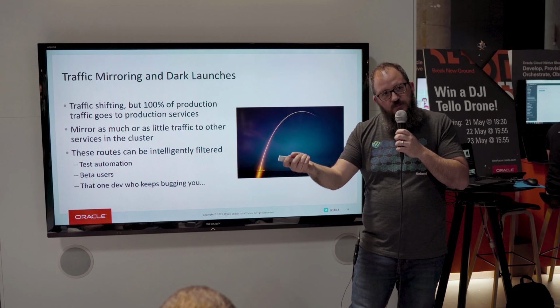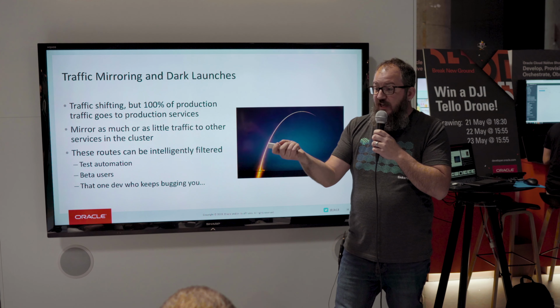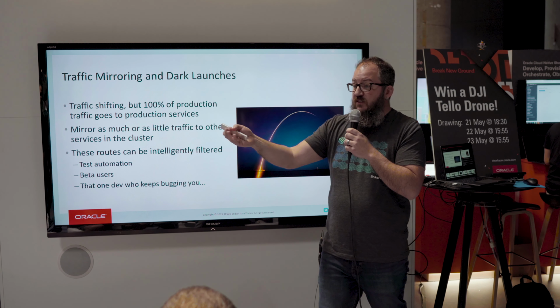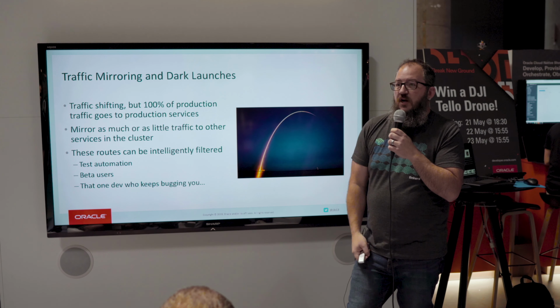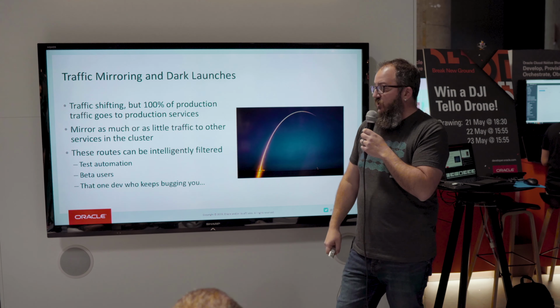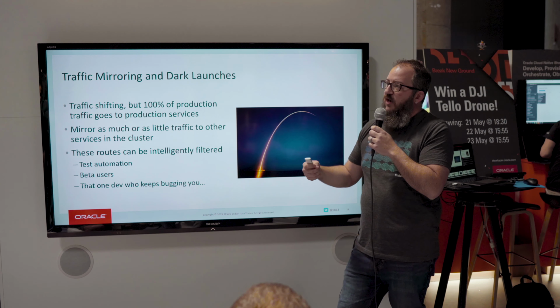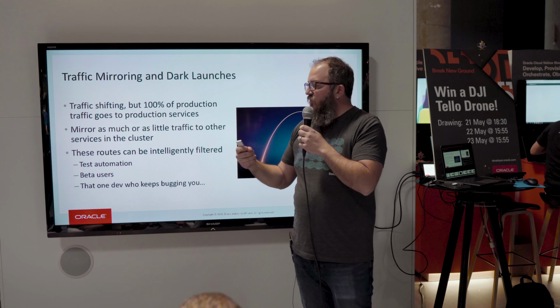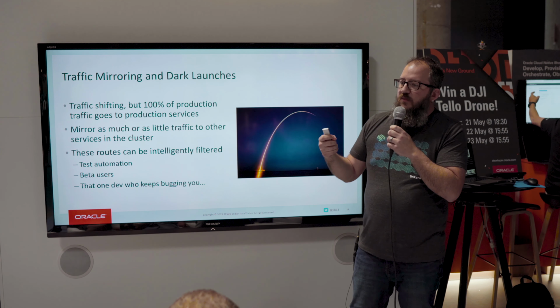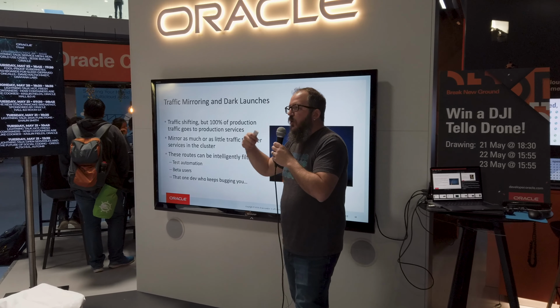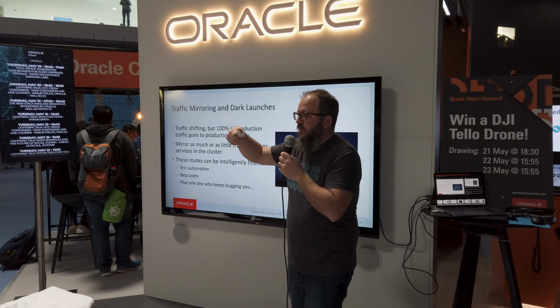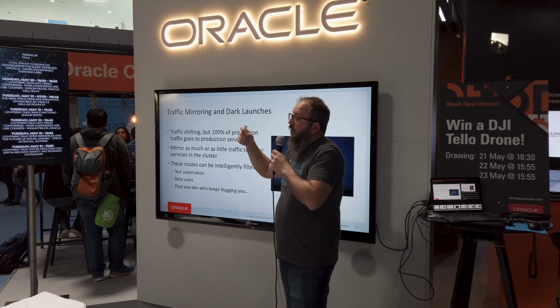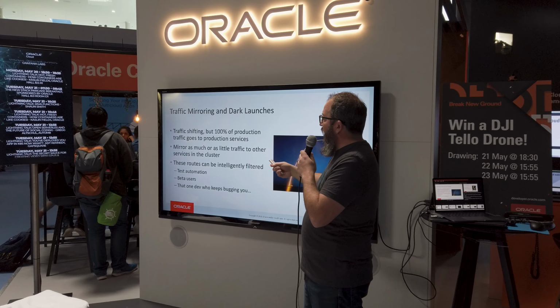You can deploy something in production and not give it production responsibility. But you can direct a copy of the production traffic to it, which is very powerful, so we move away from the idea that you need to record and replay with production data in order to really test, right?